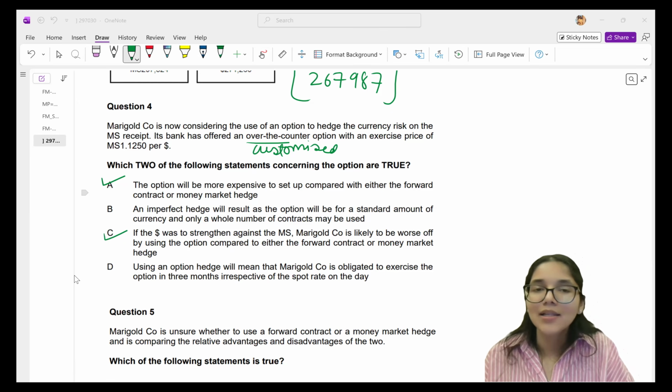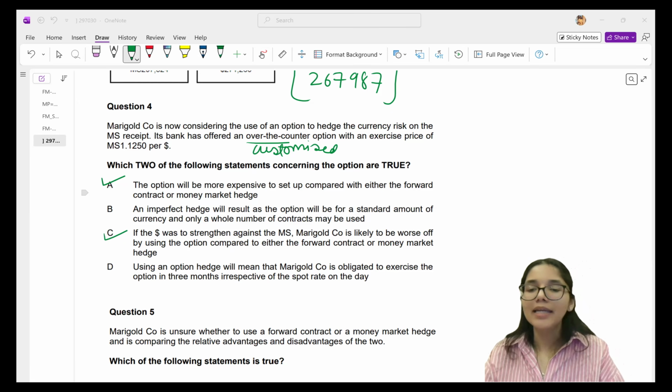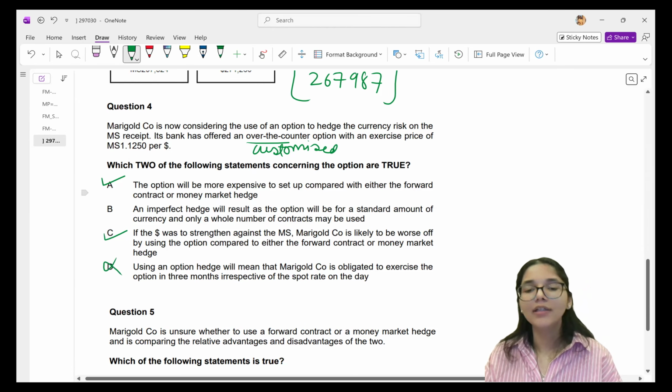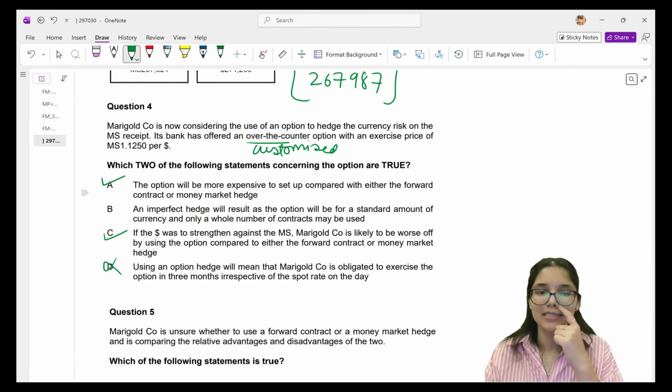Guys, does the buyer of the option have the obligation to exercise the contract? Is it how options work? No, options give you a choice. If you want, you will exercise. If you don't want, you can let the option lapse. So D has to be eliminated. That means option C definitely has to be my other correct statement.